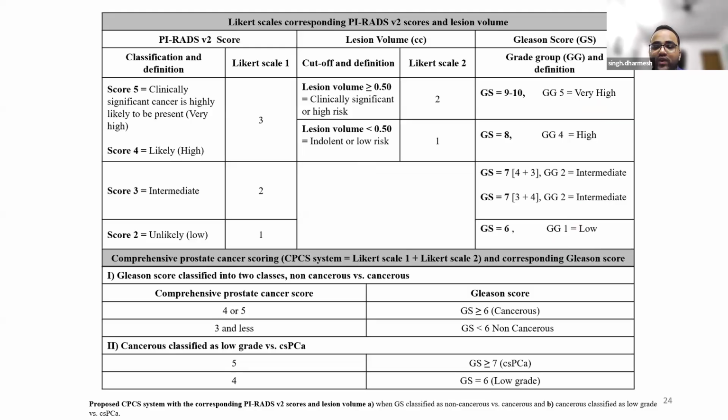Based on that, this provides the comprehensive prostate cancer score, and we calculated the Likert score 1 and 2. We then relate CPSS to Gleason score in two ways. First, we classify into cancerous versus non-cancerous.